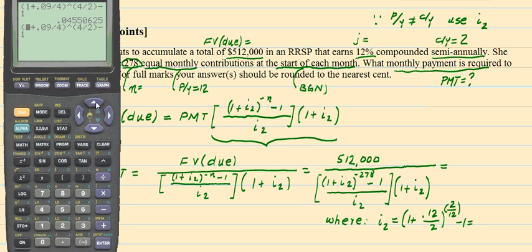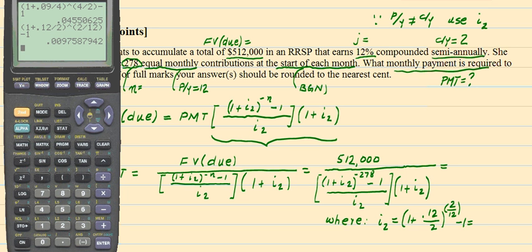So now we have 1 plus, the nominal rate is 0.12, divided by 2, to the power of 2 divided by 12, and then minus 1, and enter.